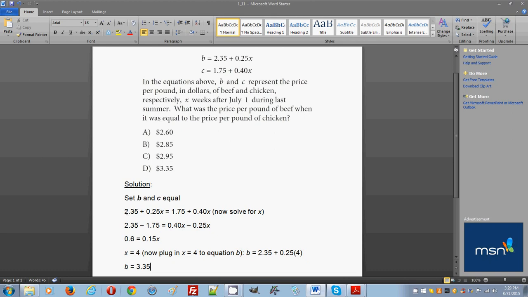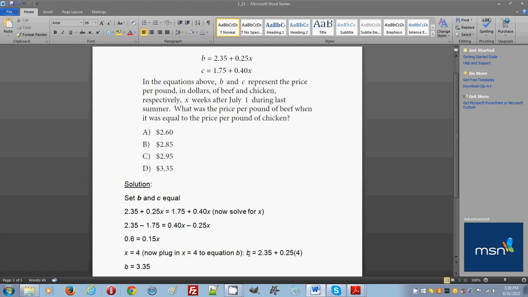Because we set them equal. But in any case, just for the purpose of making the math correspond to the words that you read here, I would just want to plug it into b, for simplicity purposes.